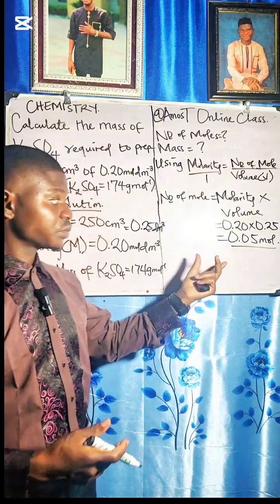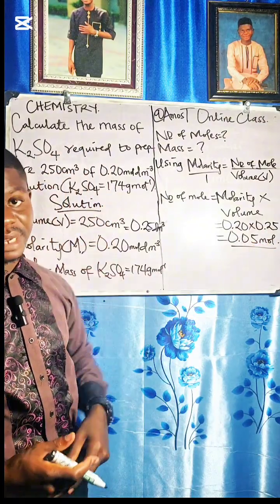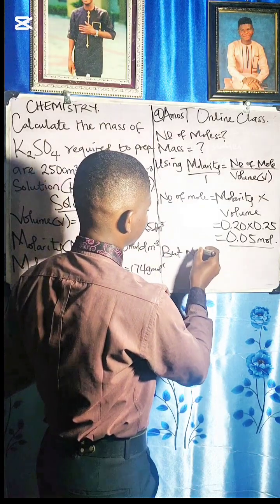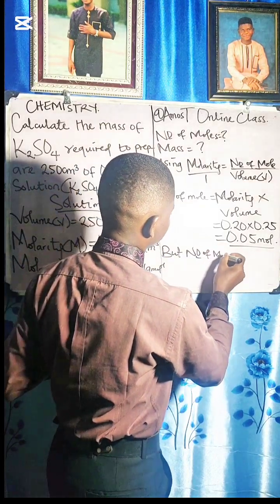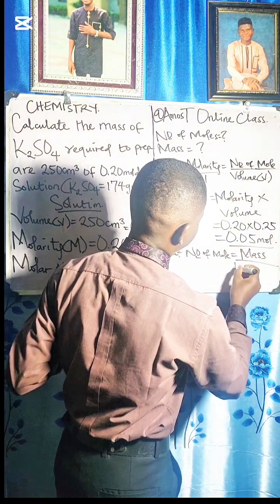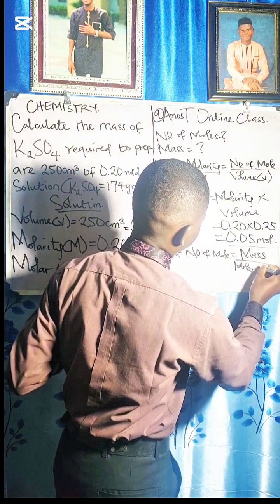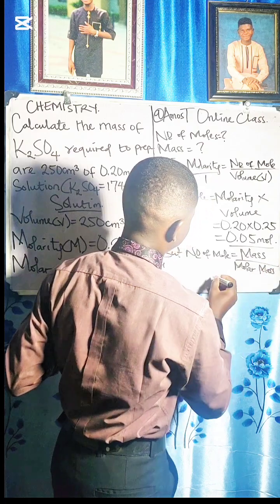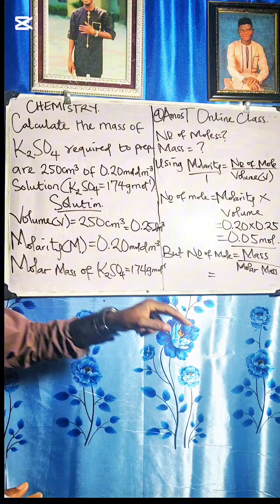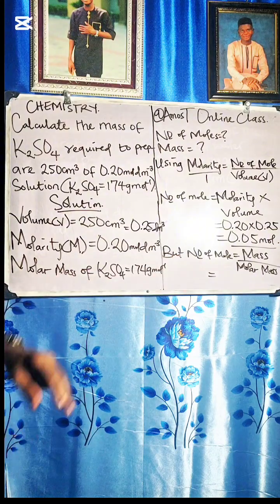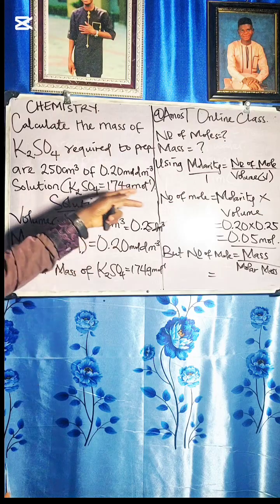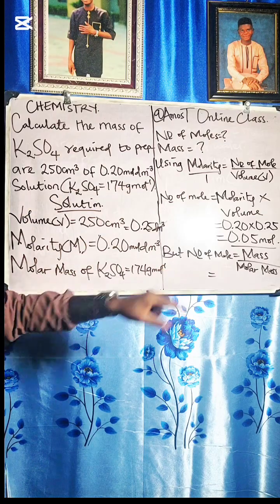So we're going to use this to find the mass. Already we have the number of moles, and the molar mass from the question is 174 gram per mole.